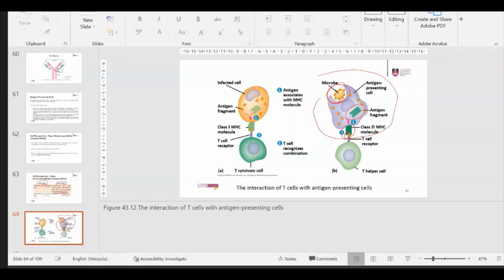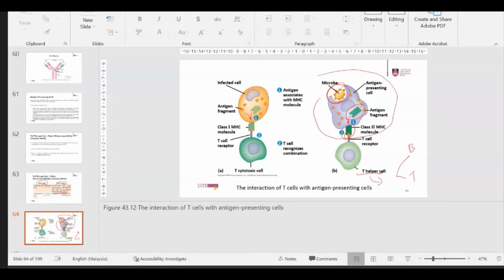So that the antigen is presented to helper T cell. The helper T cell secretes signaling molecules, cytokines, which activate B cell or cytotoxic T cell, for humoral immune response and cell-mediated immune response to be activated.